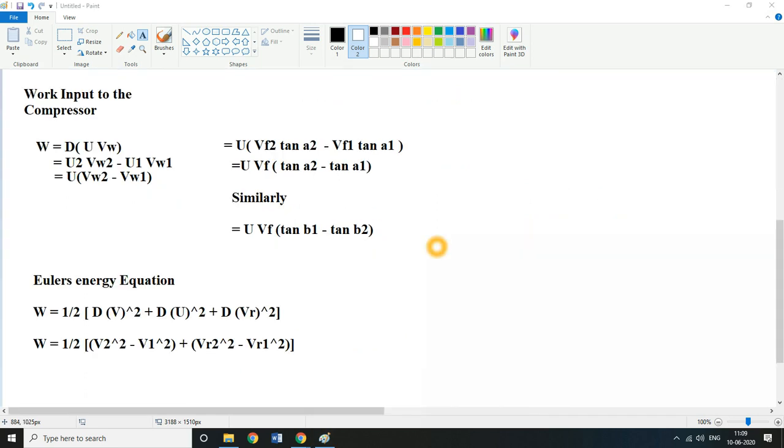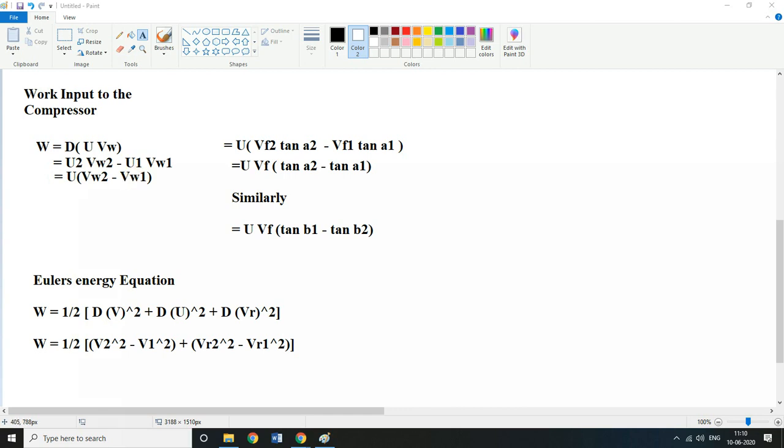Okay. If we talk about work input to the compressor, we know previously from all the compressors, from Euler's formula, we can derive work input to the compressor is equal to the difference of U2 VW2 minus U1 VW1. So since U is common here, U2 is equal to U1 is equal to U, so you're taking U out, is equal to VW2 minus VW1, that is the tangential component of the absolute velocity.